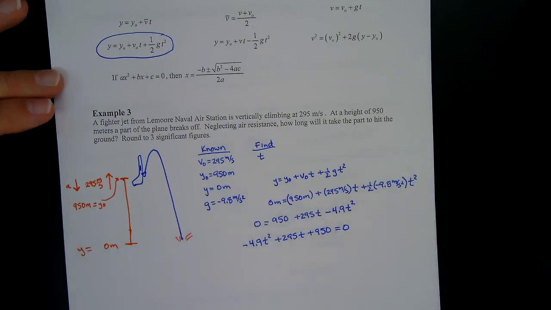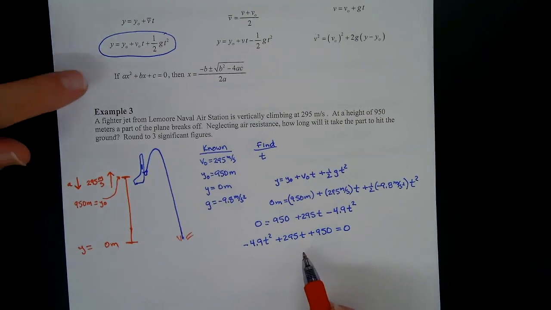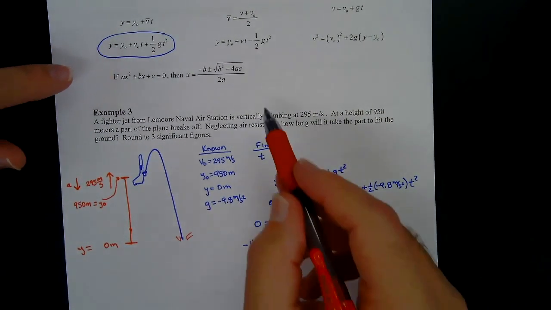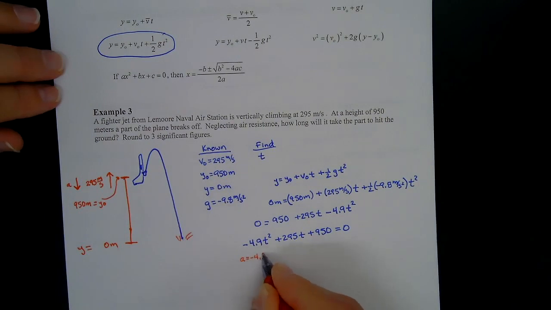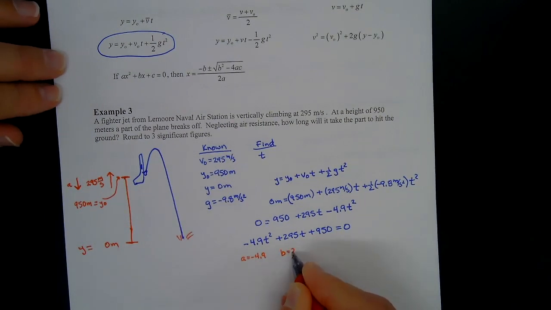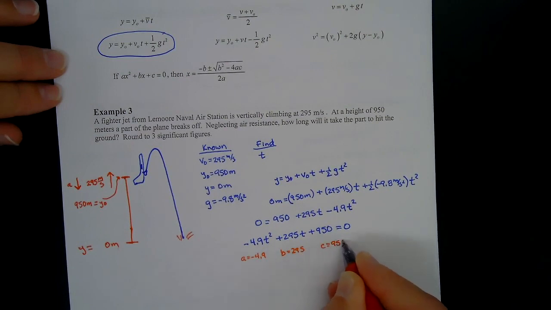All right. Once again, looking at this equation, I have a quadratic, so I can use the quadratic formula to solve it. My A is negative 4.9, my B is 295, and my C is 950.